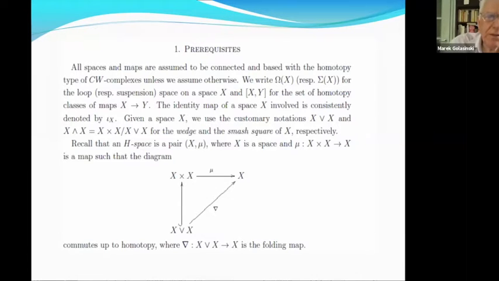The space is called a Hopf space or H-space if it is a pair (X, μ), where X is a topological space and μ is a map from the Cartesian square of X to X, such that the diagram you see on the screen is commutative up to homotopy. That is exactly the meaning that μ has an identity up to homotopy.